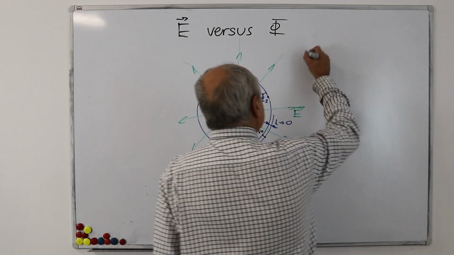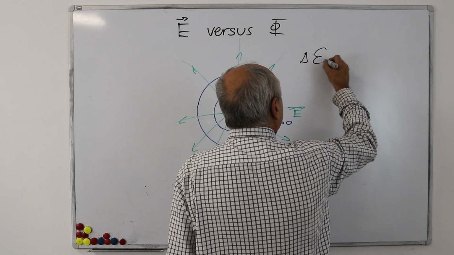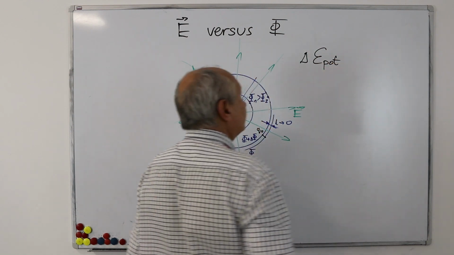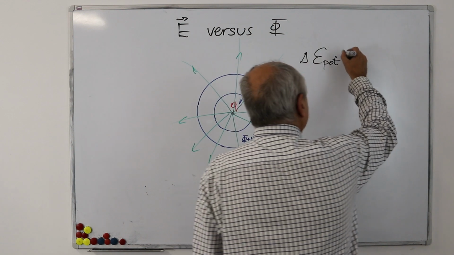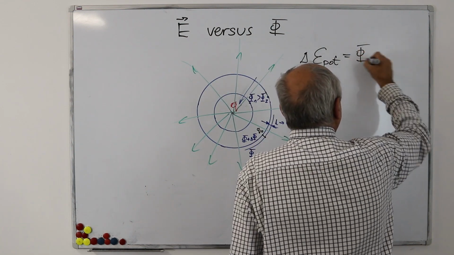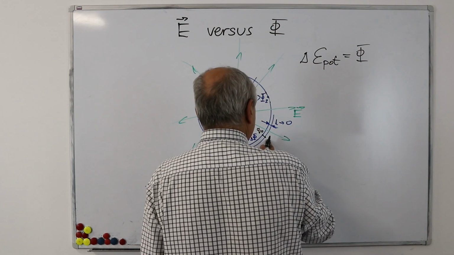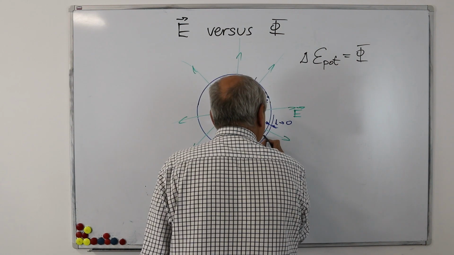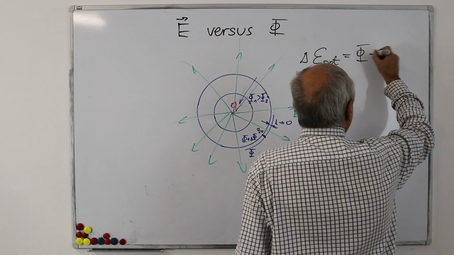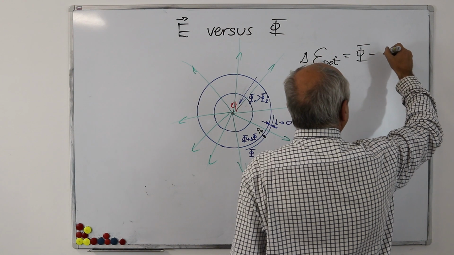The change of potential energy is equal to the final position, this is the direction, minus the start position.